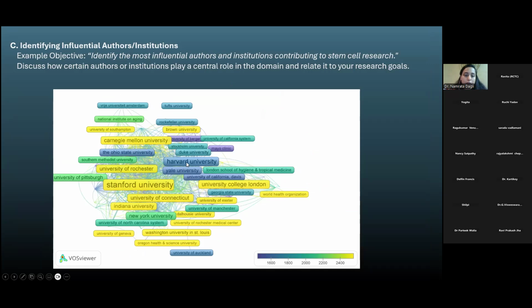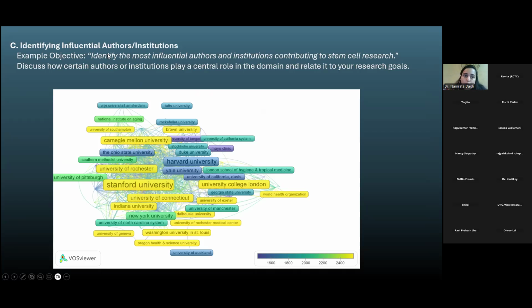Here, this graph is showing, anyone? Collaboration of institutions.